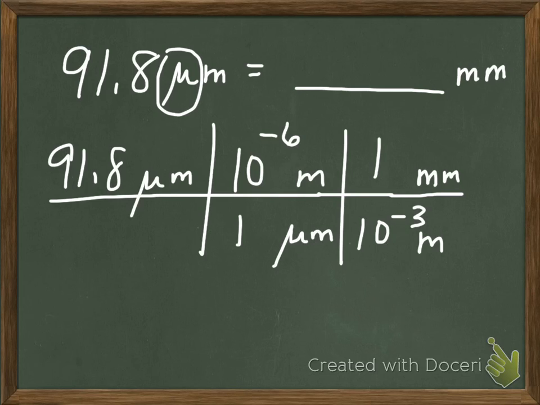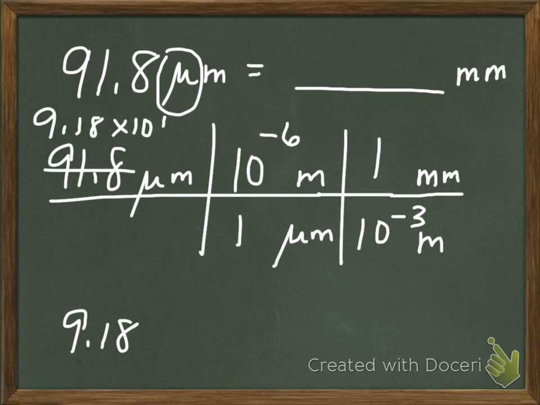Okay, there's one thing that I still want to do to prevent me screwing up and doing dumb stuff. I'm going to convert this to scientific notation. So that becomes 9.18 times 10 to the 1st. I only move the decimal 1, it's 10 to the 1st. So now I have 9.18 times 10 to the 1 plus negative 6 minus negative 3.